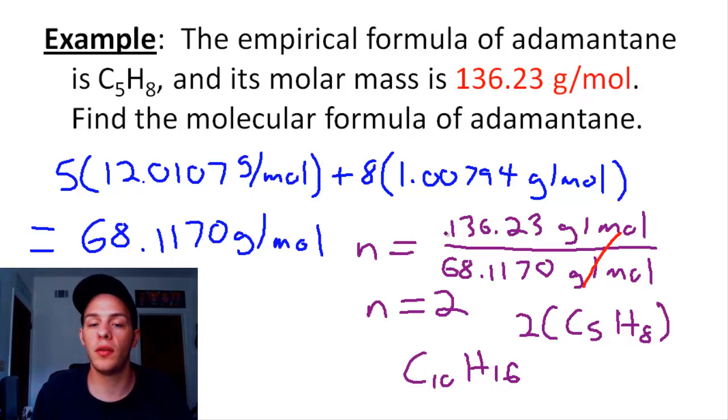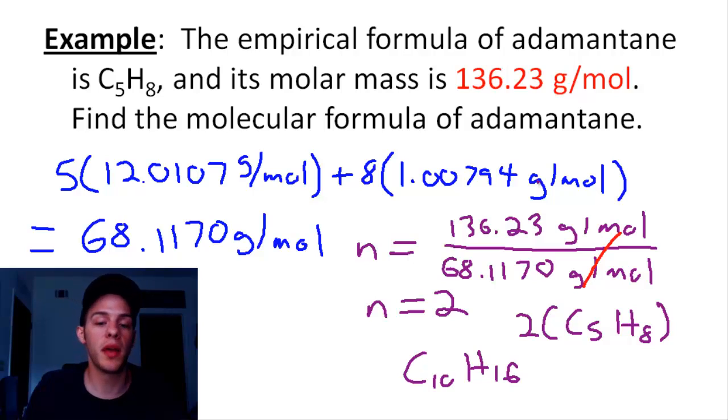So really all we had to do was use the periodic table, find out the molar mass of our empirical formula. Like I said, the molar mass of our compound was given already, and all we had to do was a simple division problem to determine that multiple of the empirical formula, and then multiply that through, and that gives us our molecular formula.